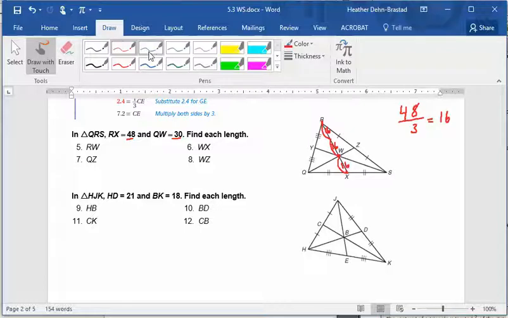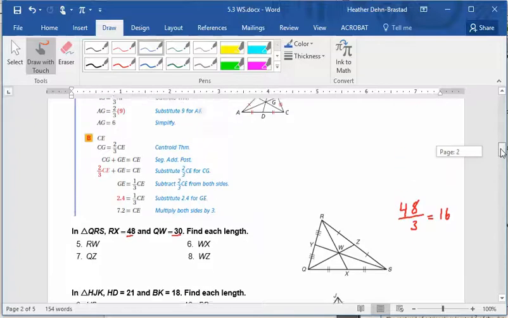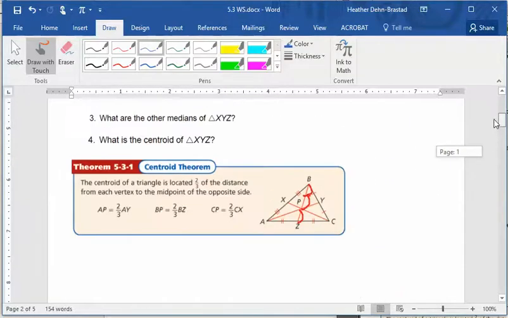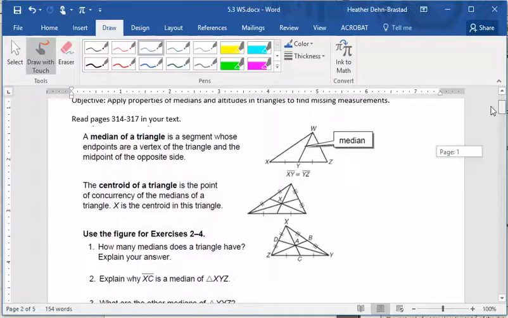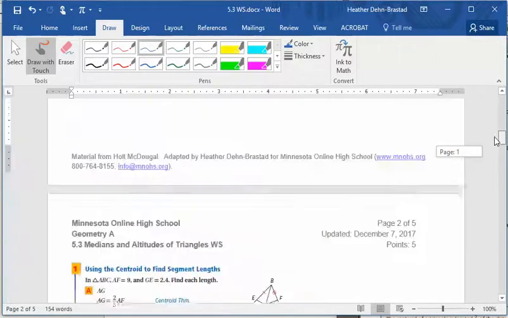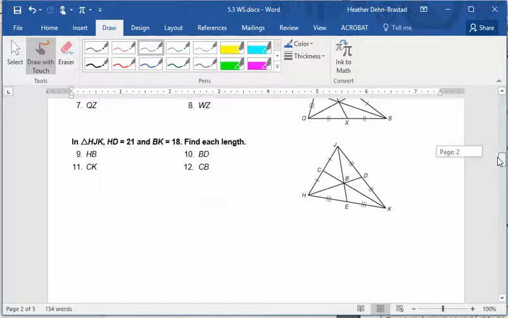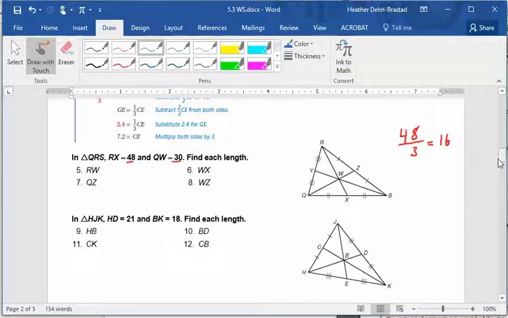So for QW, let me erase this here. The median is from the vertex of a triangle to the midpoint of the side opposite.